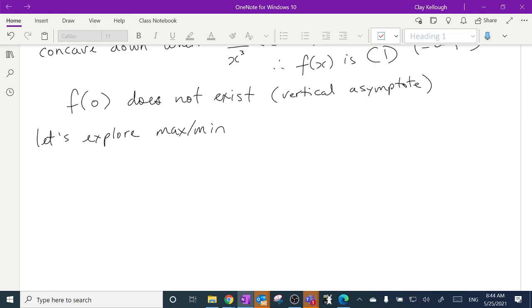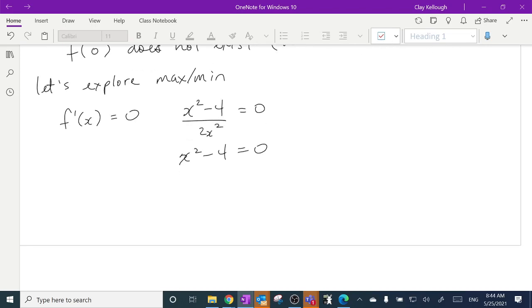So we'll have to look for other critical points, and the other critical points happen when the slope is 0. So the first derivative, the slope, was x squared minus 4 over 2x squared, set equal to 0, and multiply both sides of the equation by 2x squared. Resist the temptation to move the 4 to the other side. Think factoring. Factoring is always the easier way to do it.